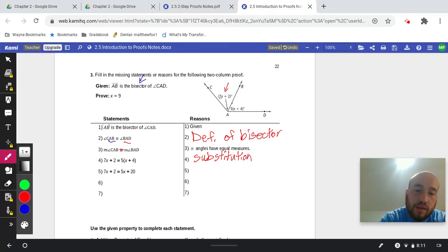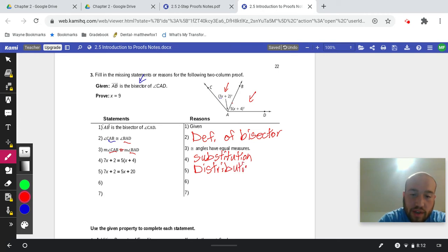Right here, 7x plus 2 gets subbed in, and the 5 times parentheses x plus 4 gets plugged in. Both of those take the place of what we had for this and this. So that's substitution. On line 5, we're going to do something called distribution. We're getting rid of our parentheses.